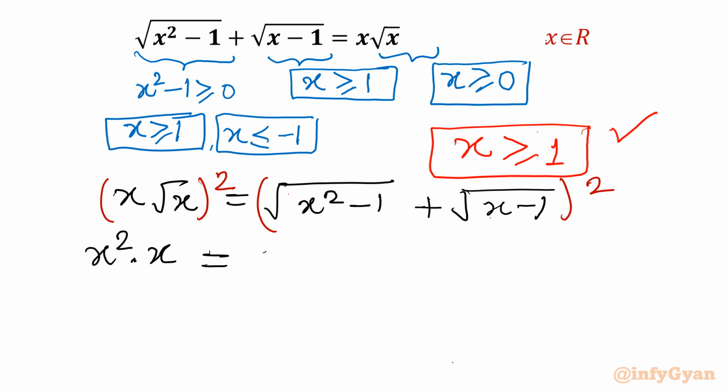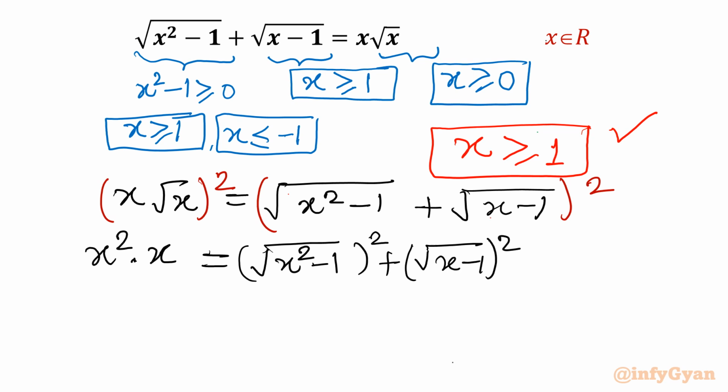So a square: square root of x square minus 1 whole square, plus square root of x minus 1 whole square, plus 2ab. So 2 times square root of x square minus 1 times x minus 1.